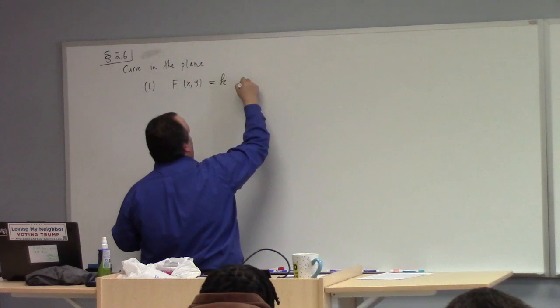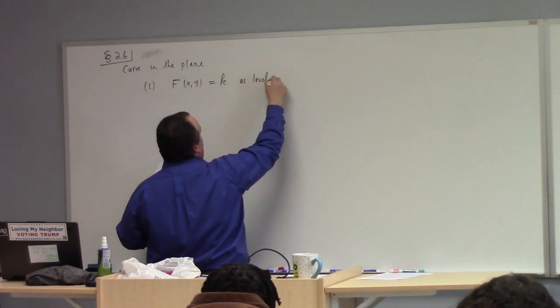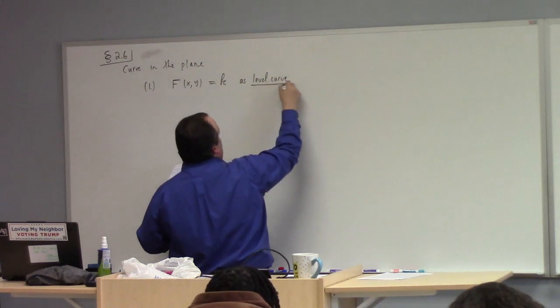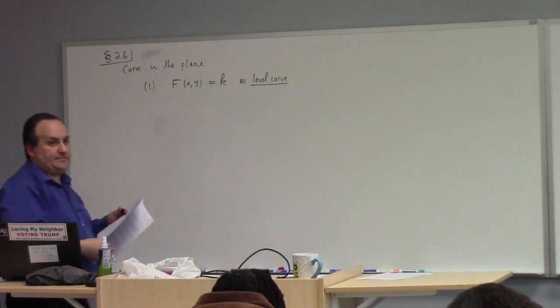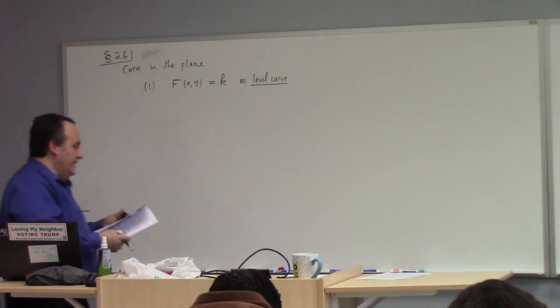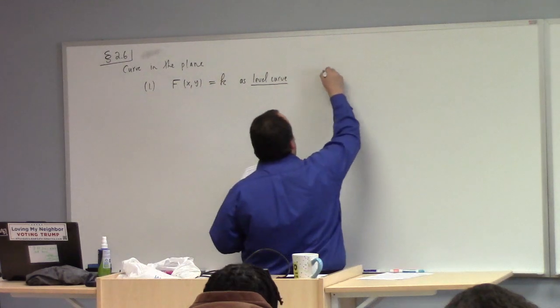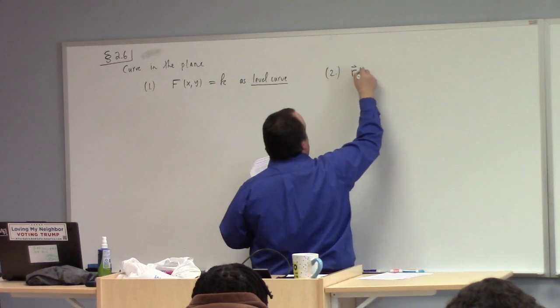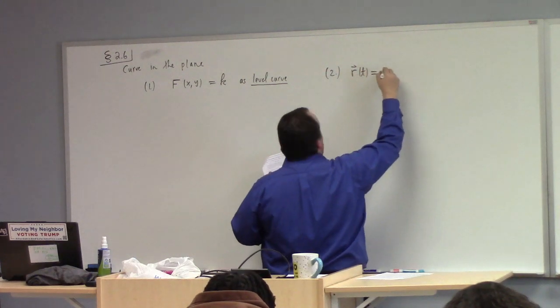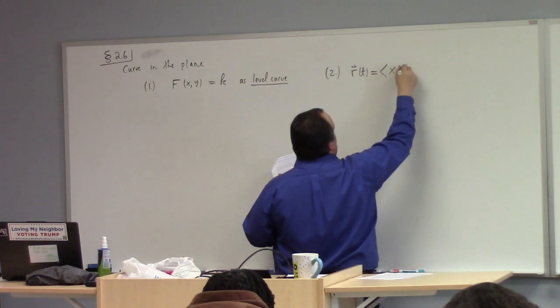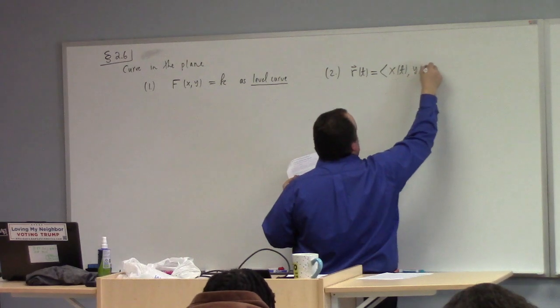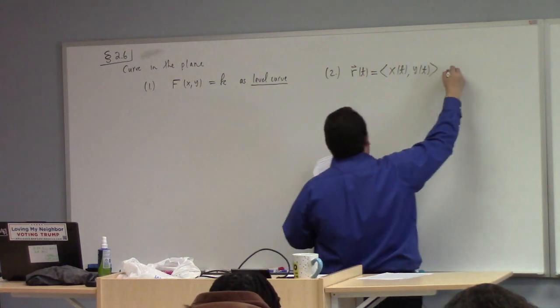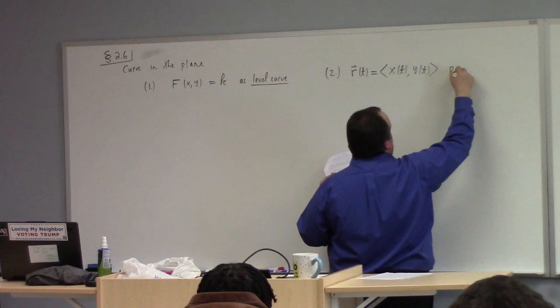So this is as a level curve. Or you might call it the graph of an equation, right? And then the other way, which is seemingly quite different, is r of t equal to, let's say, x of t, y of t. We usually call it a parametrized curve.